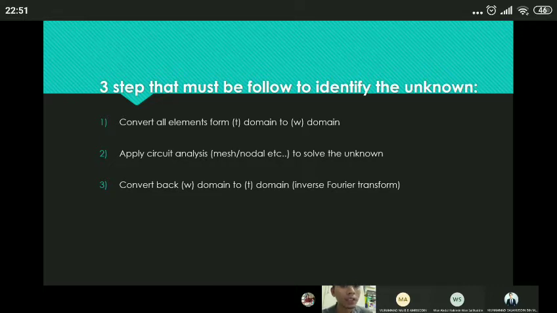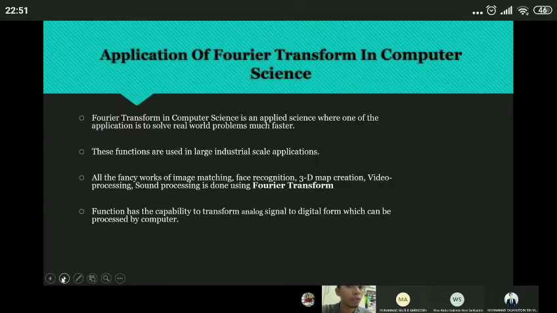Okay, next is the application of Fourier transform in computer science. Fourier transform in computer science is an applied science where one of the applications is to solve real world problems much faster.